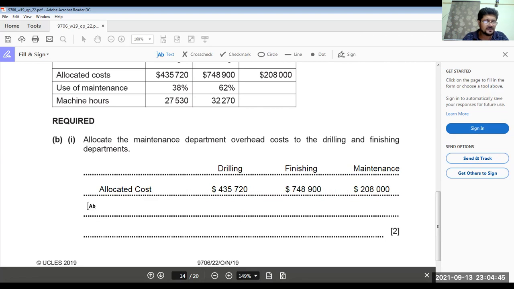Now, apportionment. Cost of maintenance department, 208,000 multiplied by 38%. 79,040.